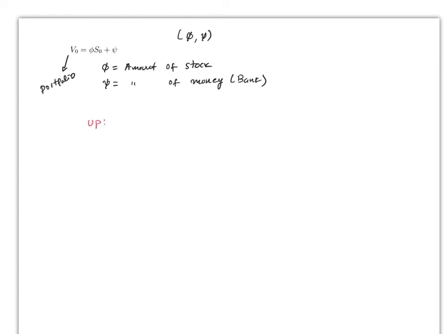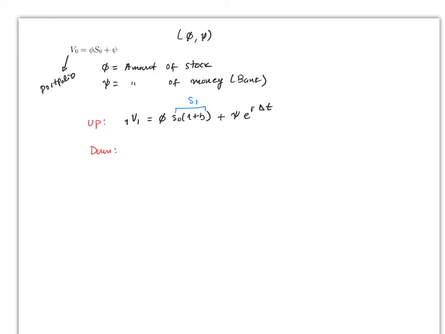The stock can go up or it can go down. So if it goes up, that's what the 1 means, went up at the first step, then this will become phi times S0 times 1 plus b, plus psi e to the r delta t, where this part is S1, so that's what will happen at time 1.